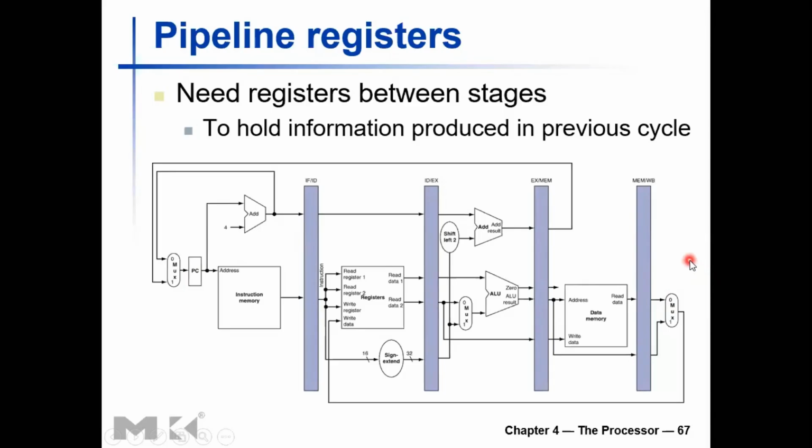So you don't need to add another pipeline register for those two stages only, right? Without pipeline registers, we can't synchronize the operation of our pipeline properly. So that is something we essentially need, right?